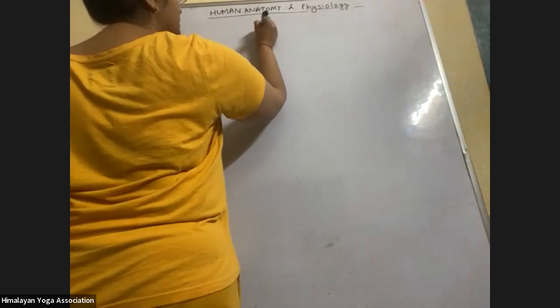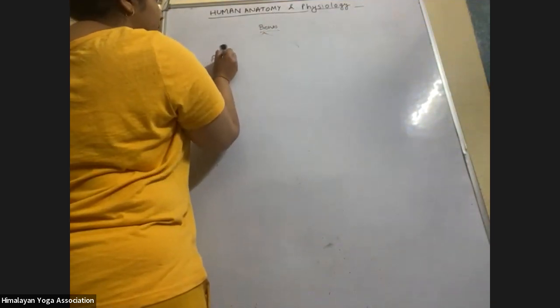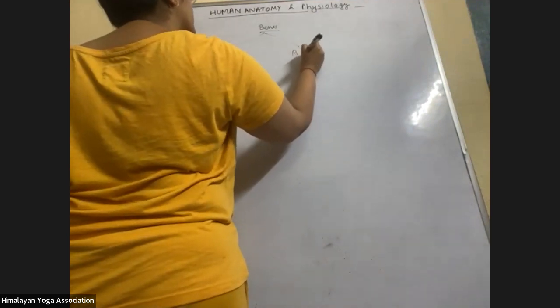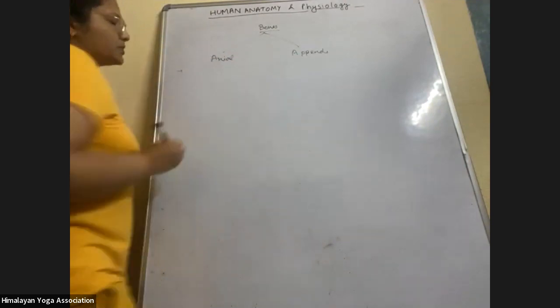Okay. So we have only 2-3 minutes left, but I would want to revise a little bit. Types of bones we studied. Axial and appendicular. Can you tell me types of axial bones?